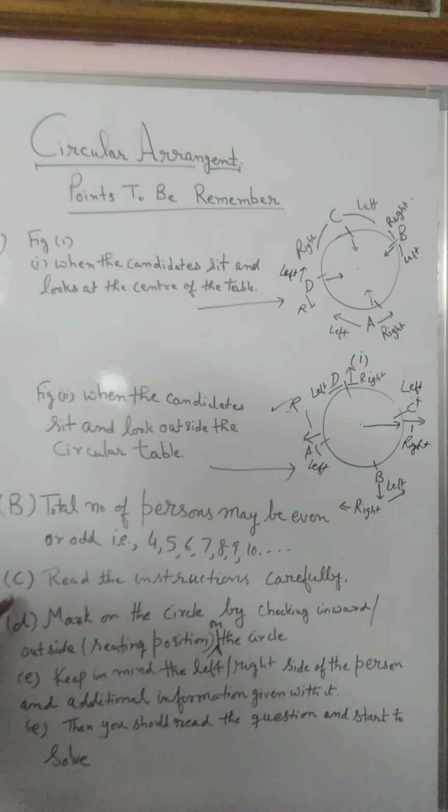Then number three, read the instructions carefully. The first statement of a question is always there. There are 5 persons sitting around a table in a circular mode, and they are looking towards the center of the circular table, or they are sitting opposite to each other and are not looking towards the center of the circle.